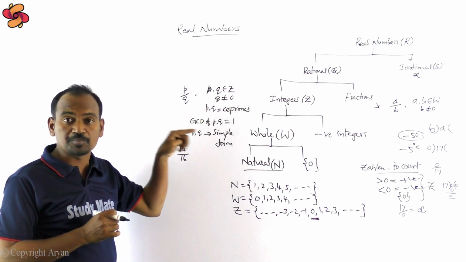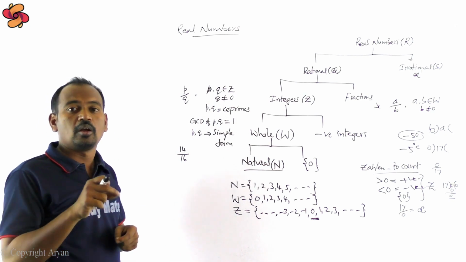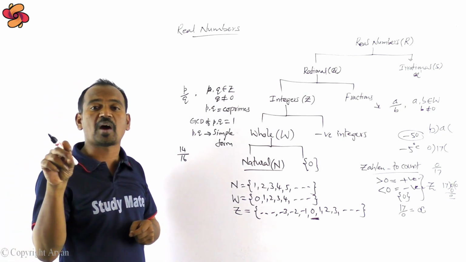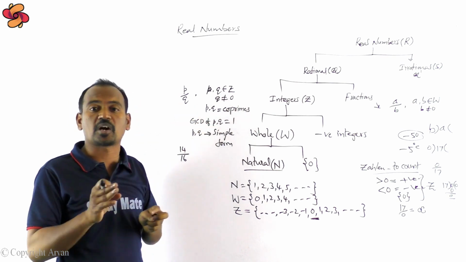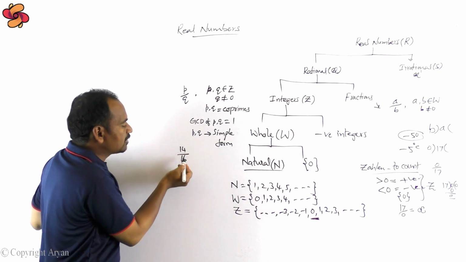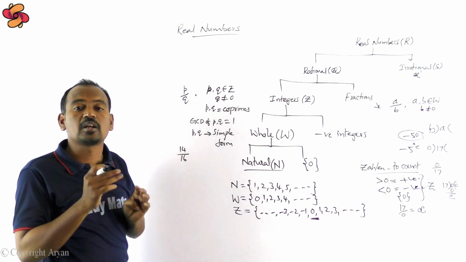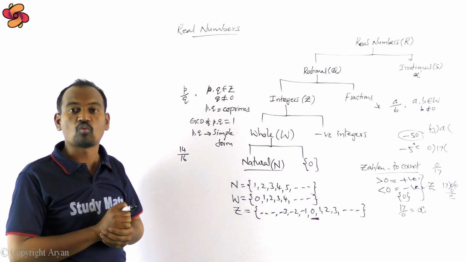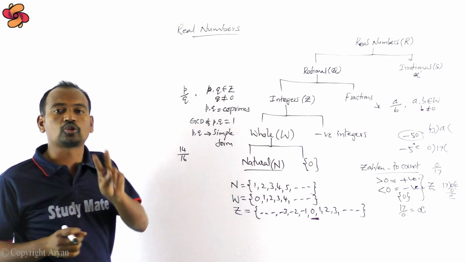Coming to the third, that is important here. While discussing the problems in 1.4, this third condition is very important. Here, 14 and 16: if you take these two, they are not co-prime. Why? Both numbers have a common factor 2.